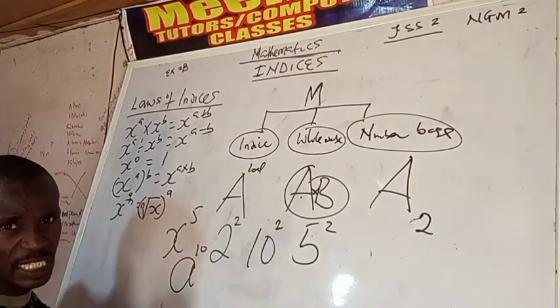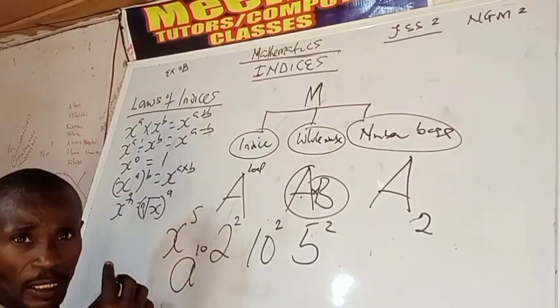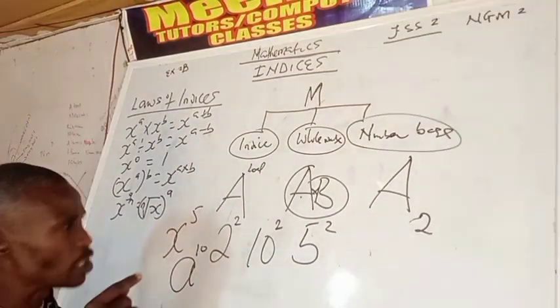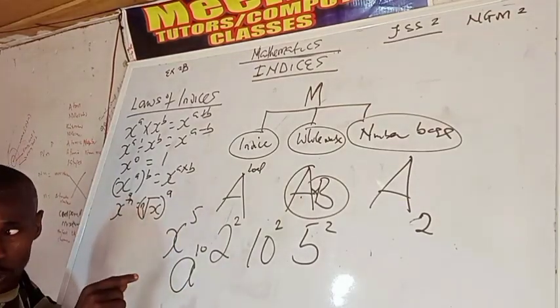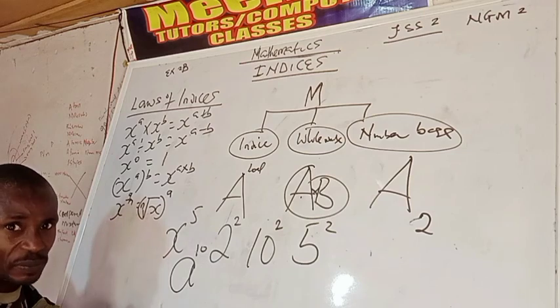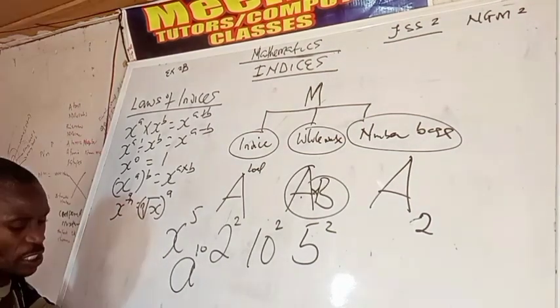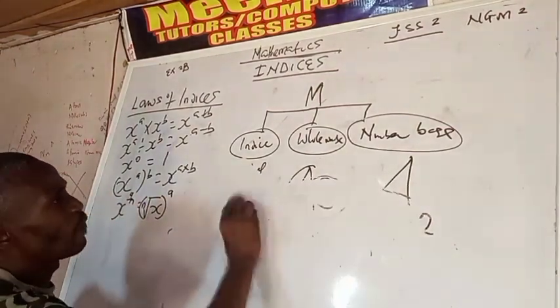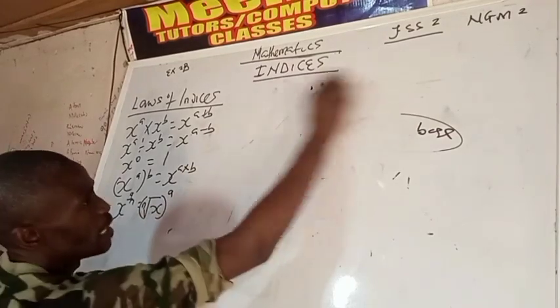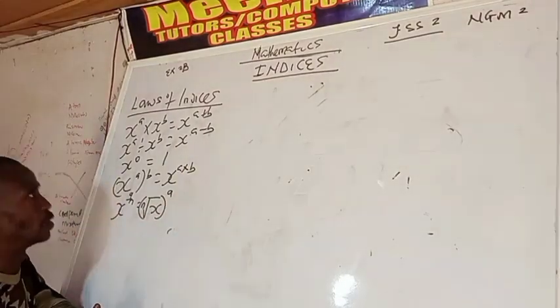And to solve indices, you have to behave like the environment you are in. That is to say, when you go to the zoo, you have to behave like an animal if you must live with them correctly. So what I'm trying to say here is that talking about indices, we have laws governing the solving of indices, be it in equation or expression.